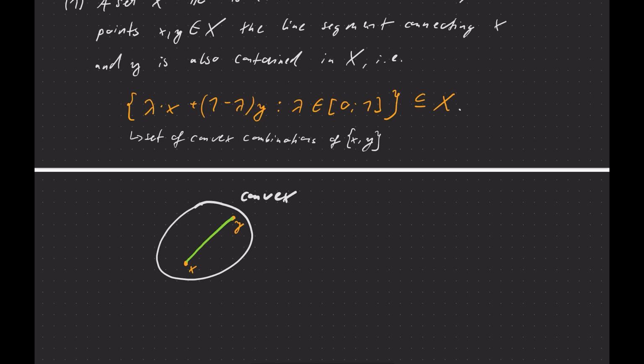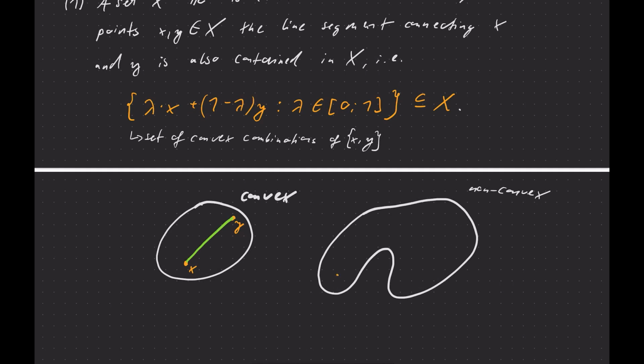What does a non-convex set look like? Well, here's an example. So this is a non-convex set. Of course, there are points in that set where the segment connecting those is contained in the set, but there are also point pairs in that set where the line connecting those two is not contained in the set. And here are two such points. Let's take this and this one.